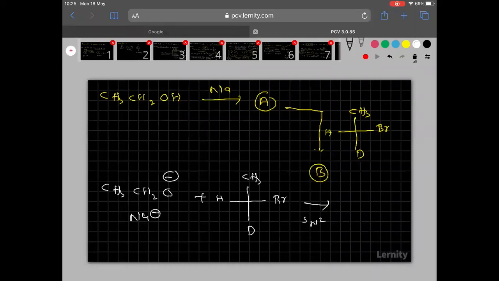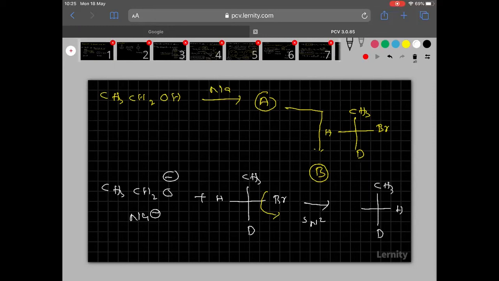So Williamson will follow which mechanism? SN2. In SN2, inversion takes place. Am I right? From the front side, bromine, that means the leaving group, will depart out. Nucleophile will attack from the back side. That is called inversion. Therefore, what is the product formed here? See clearly, product formed is here CH3, here D, and here H will go to the front side.